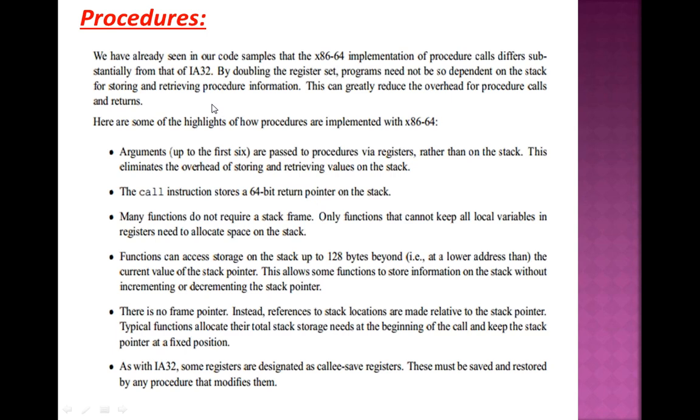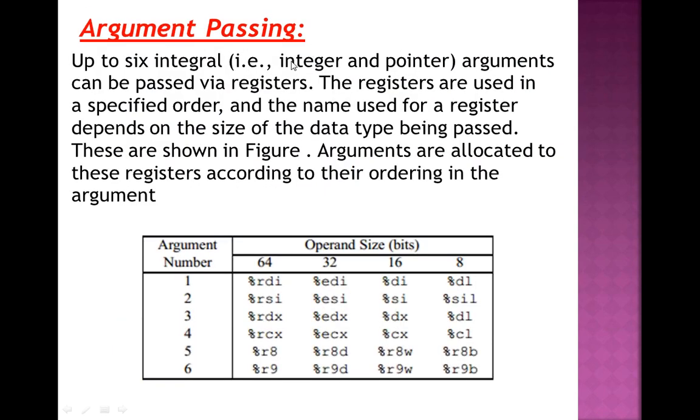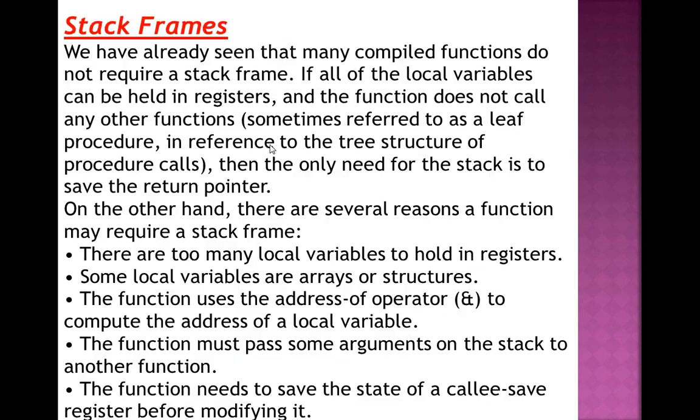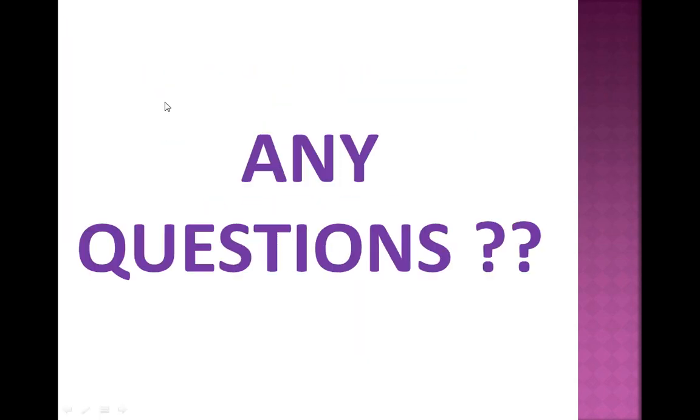Then we also discussed how to pass arguments in a procedure. This is done using the 6 integer and pointer registers. Then we also discussed what a stack frame is and how we can use it, that is, how we can store the value of x86-64 into the stack frame.